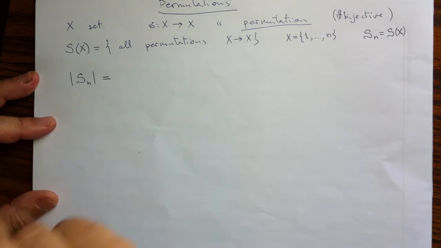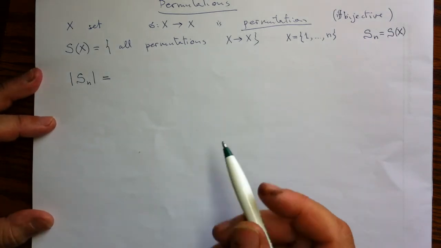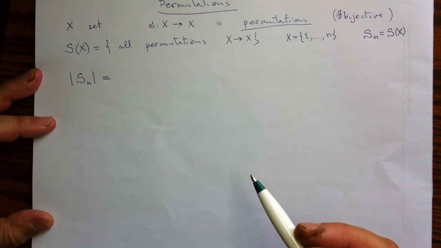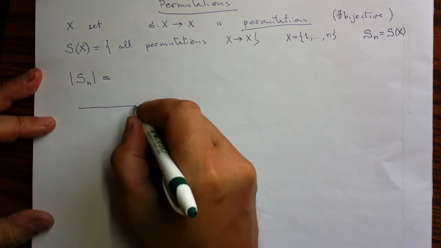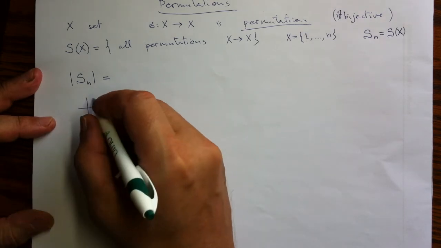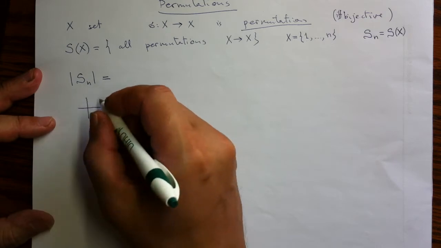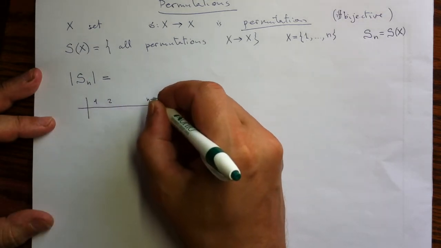So let's just determine the number of elements in it. Well, the process of counting will be really the process of writing these permutations down, recording them. So how can we record a function? We can record it by recording all its values.